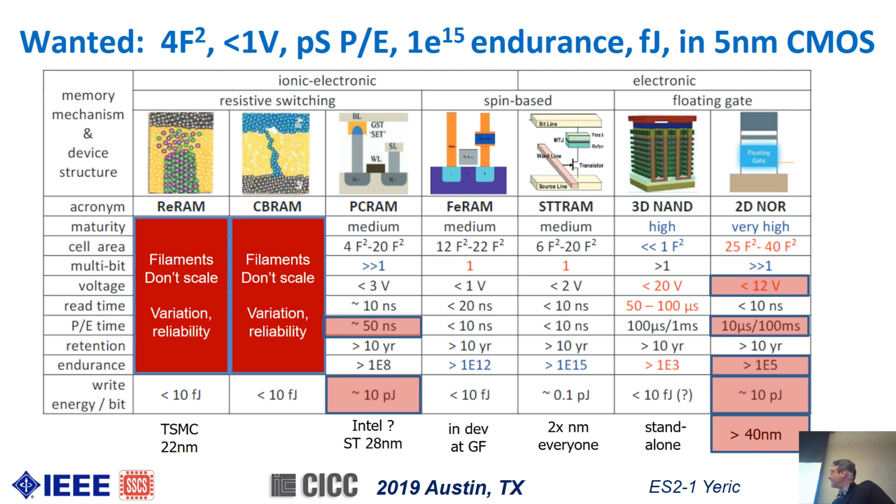Phase change memory, you've heard a lot of noise from Intel and Micron, but from a foundry perspective, it actually just got announced by ST. So you can buy phase change memory, embedded phase change at 28 nanometers. Pretty decent memory, too slow for logic, and a little bit too high power as well. But still, so much better in some regards than the flash that we would have otherwise.